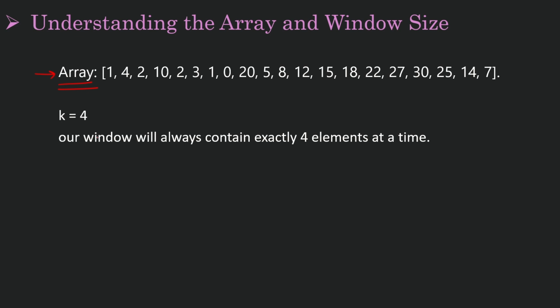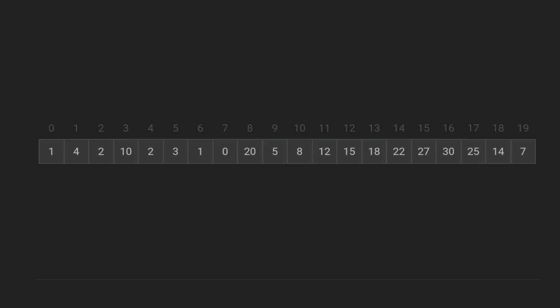Since k equals 4, our window will always contain exactly 4 elements at a time. We'll slide this window from the start of the array to the end, calculating the sum of the elements in the window at each step, and keep track of the maximum sum we find. We start by calculating the sum of the first window. Now, let's slide the window and compute sums.